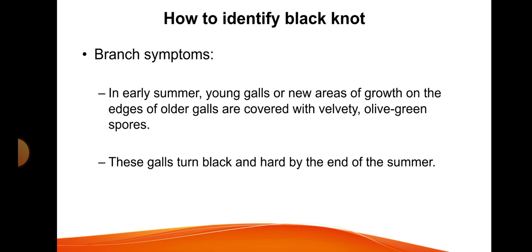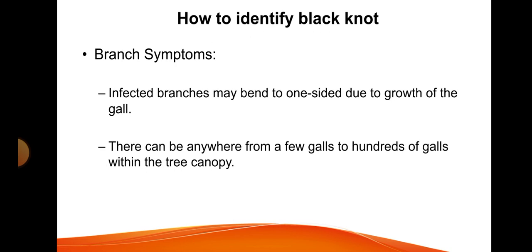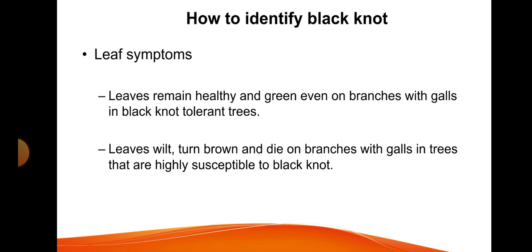These galls turn black and hard by the end of the summer. Infected branches may bend to one side due to growth of the galls. There can be anywhere from a few galls to hundreds of galls within the tree canopy.